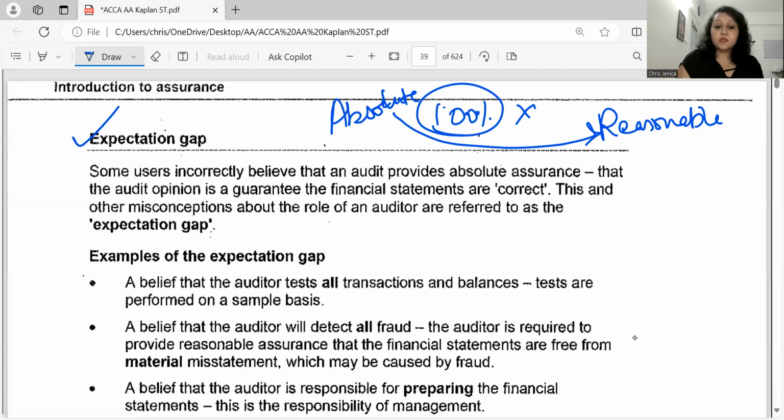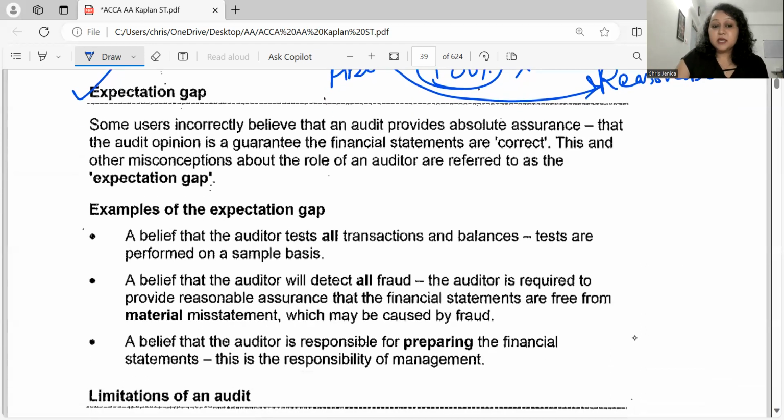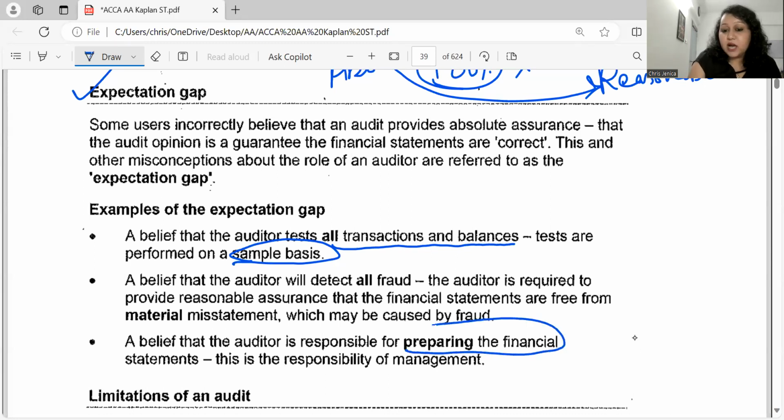We can see this expectation gap in these examples. They think all the transactions and balances are being tested. As I said, we are just doing it on a sample basis. Another thing is that they think we are preparing the financial statements, which is not at all true. We are not responsible for preparing the financial statements. Preparation of financial statements is the responsibility of the directors and the management.